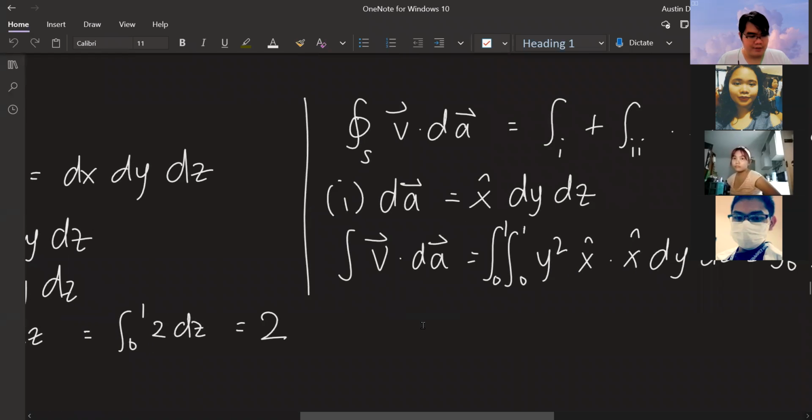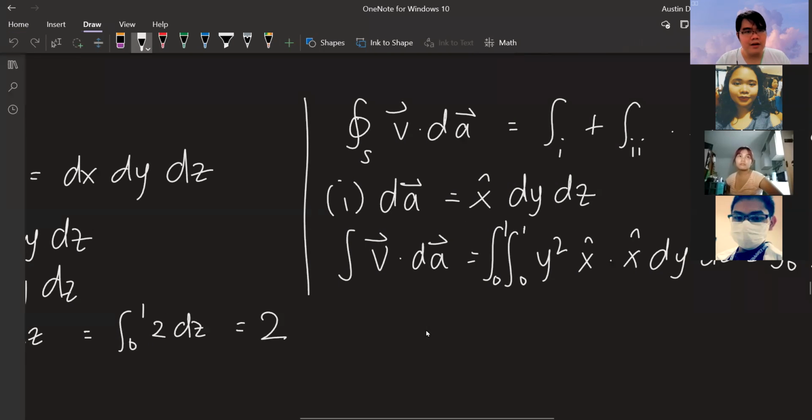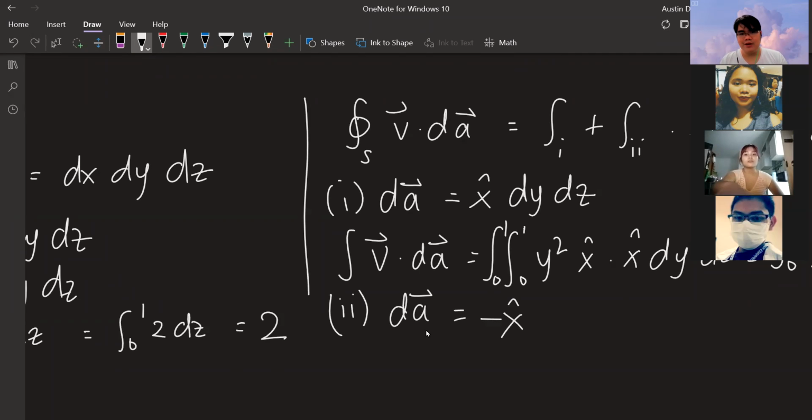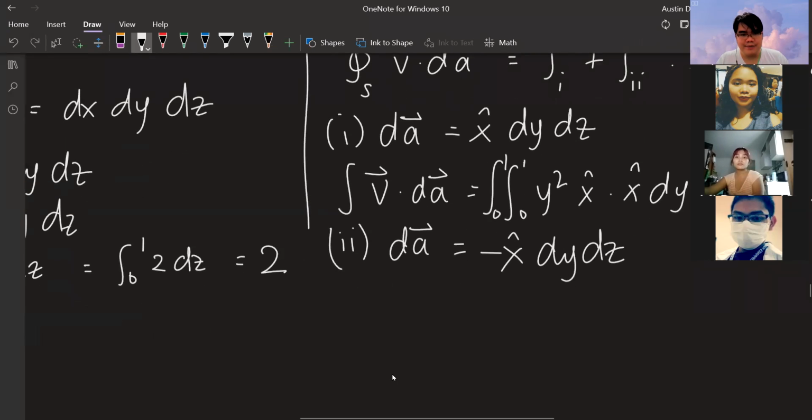Ayan. So, tuloy lang tayo. Sulat muna natin yung number 2 natin. Tapos sulat natin yung area para hindi tayo malito. Bale, negative x hat. Okay. Then same with the 1. So 1, same lang ng area niya, dy dz. Okay? Fairly simple.